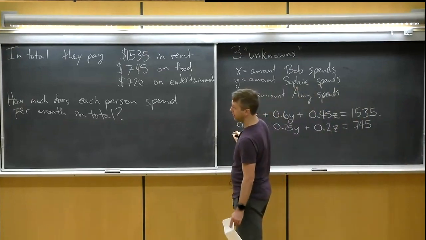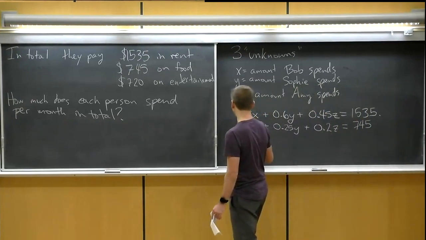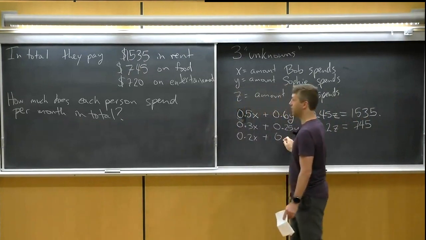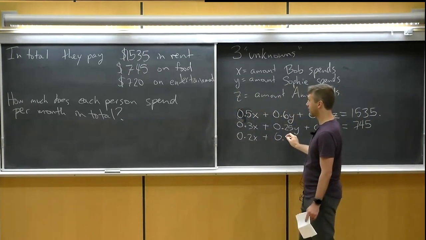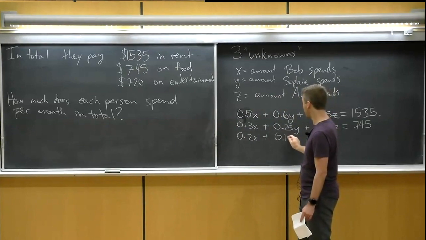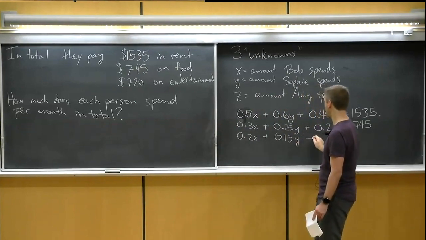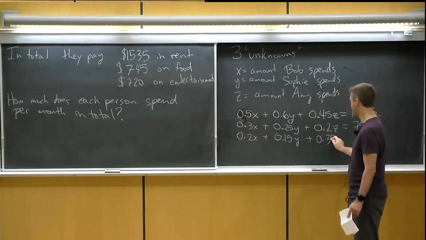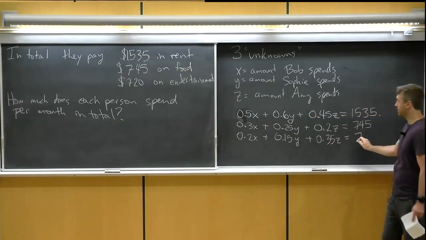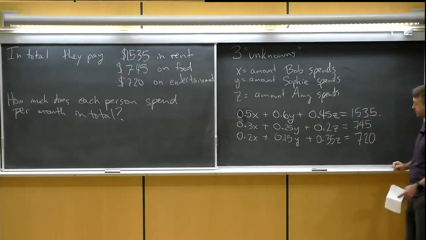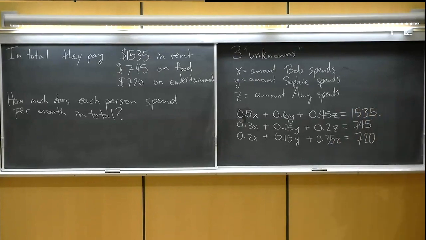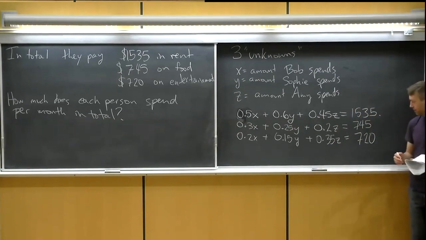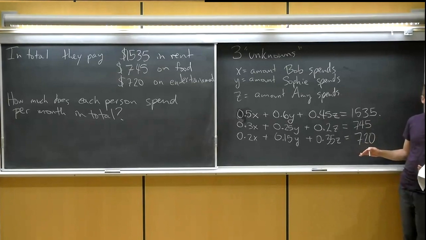And then 0.2x plus 0.15y plus 0.35z is 720. Is it clear where I came up with these numbers?